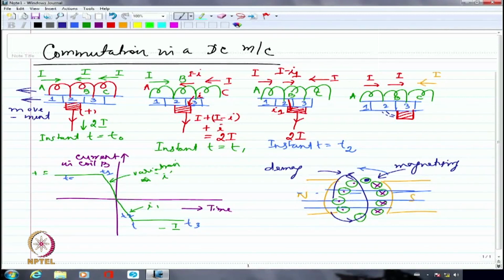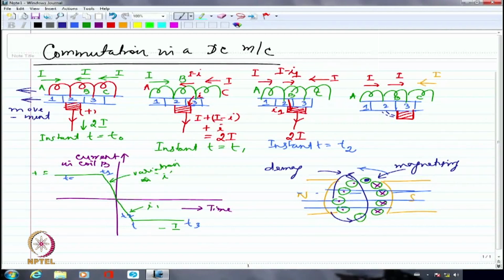So the sparking is essentially caused by the shift of the neutral axis, due to which there is an induced EMF in the interpolar region. The coil occupied by the interpolar region is going to have some induced EMF.